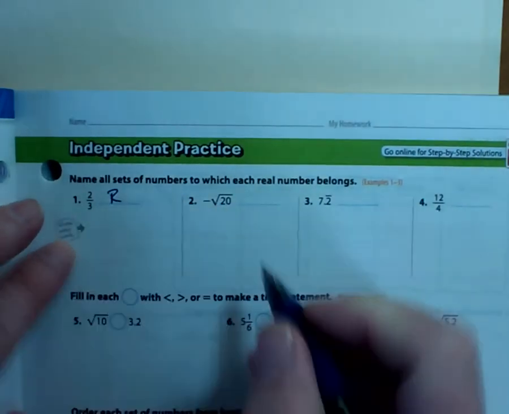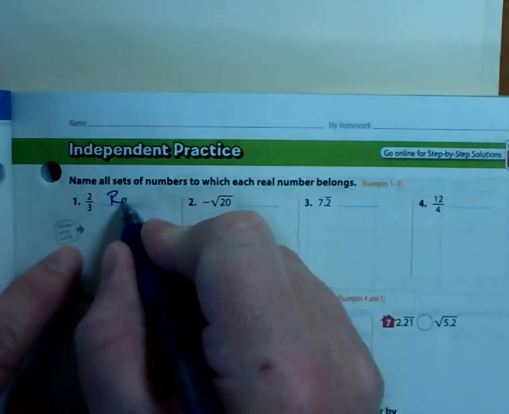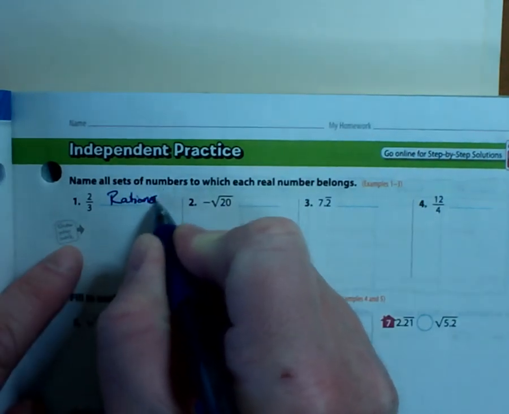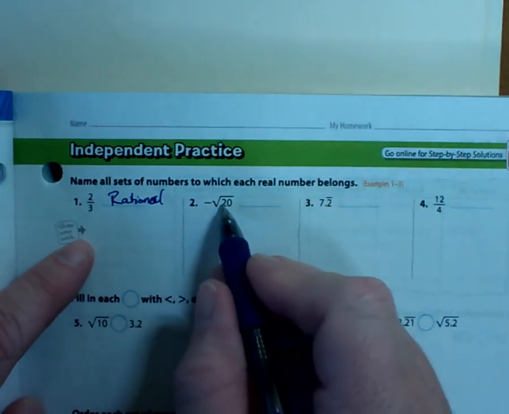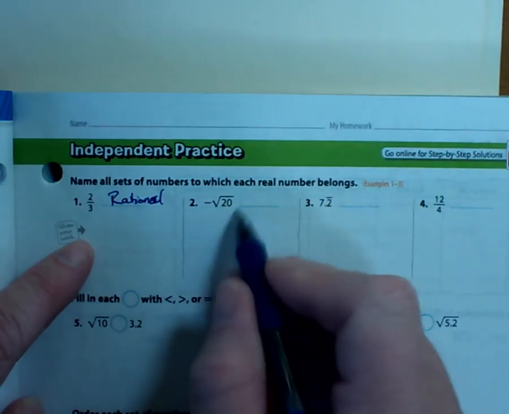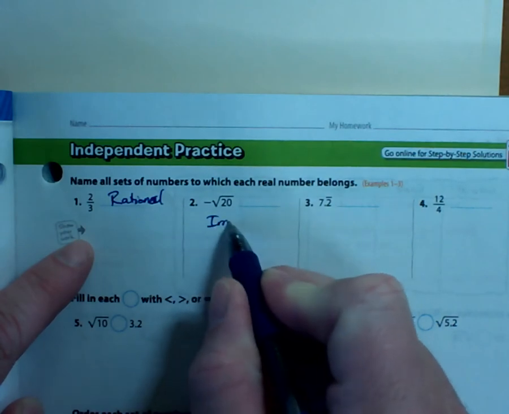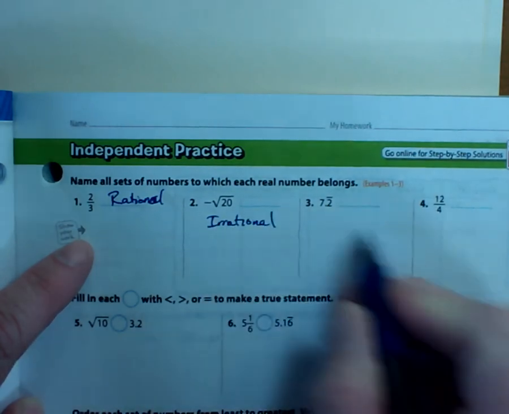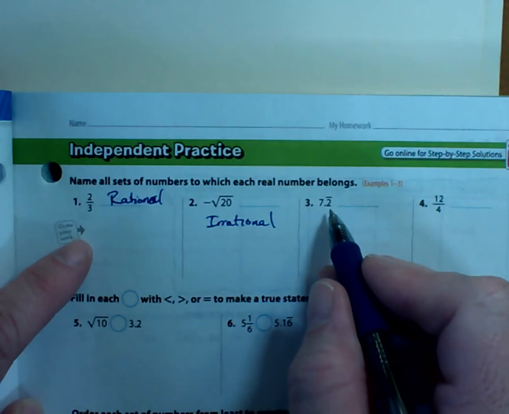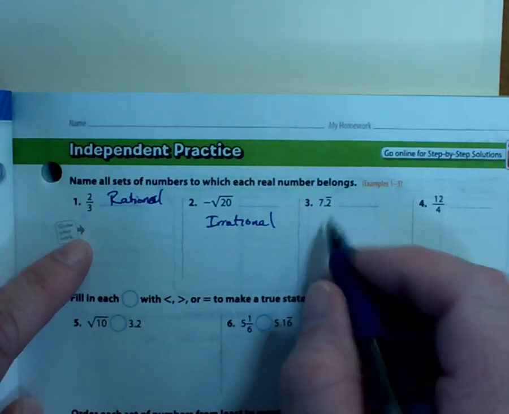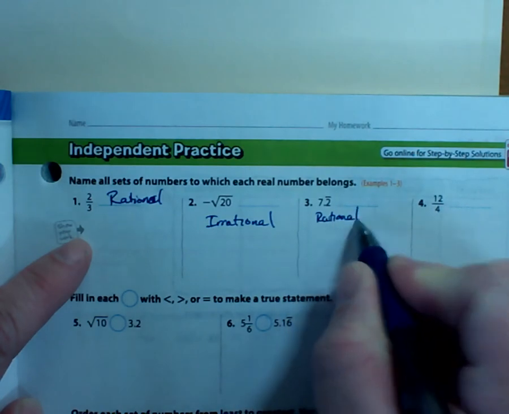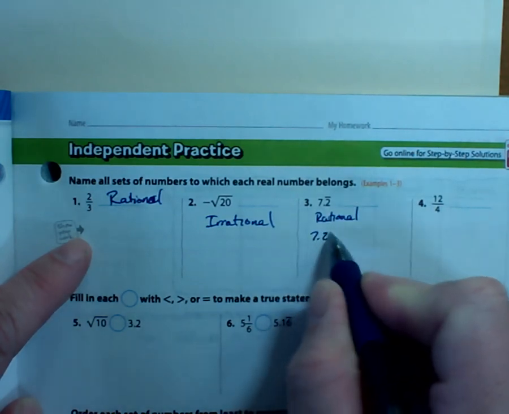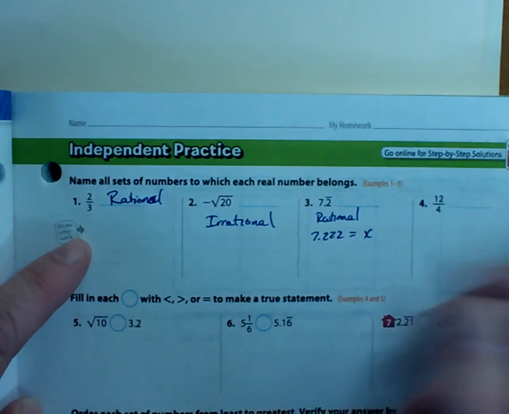All right, 2/3. I'll just put R for rational. Everything it belongs to rational. This is negative, and this radical 20 can't be written as a fraction. It's an irrational number. Terminating, which is it, rational or irrational? It's terminating. 7.2 repeating, that's rational. We went over how you solve that. You do 7.222 equals x.